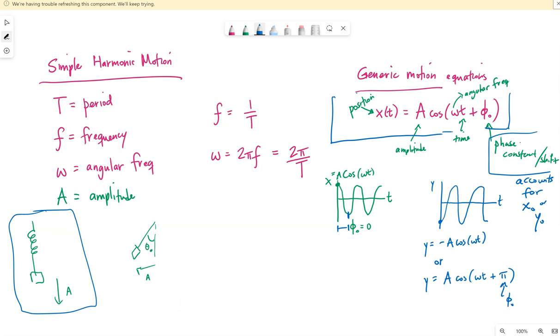Ultimately, as we go back and relate this to the circular motion and that circle with a peg, where it is at any given moment representing the shadow, this will represent the shift or the angle between that starting point and the original cosine function starting point versus our actual starting point. So we'll do some examples with that as we continue.